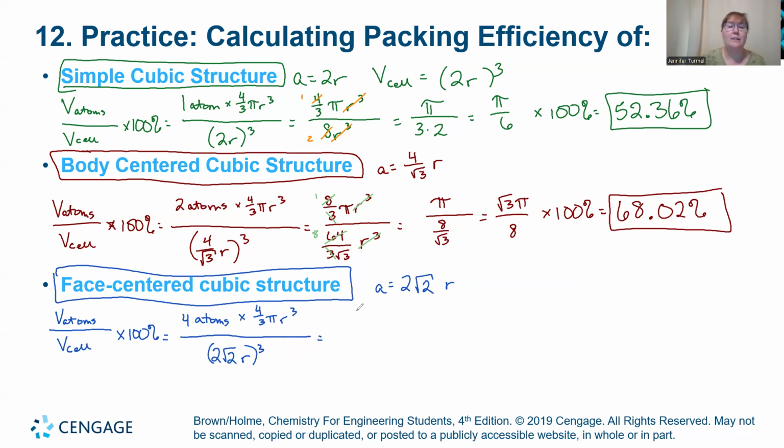When I calculate this through, on the top we get 16/3 pi r cubed. On the bottom, when you cube 2 root 2, you have 2 times 2 times 2 times root 2, root 2, root 2. So that becomes 2 times 2 times 2 times 2 root 2, which is 16 root 2 r cubed.